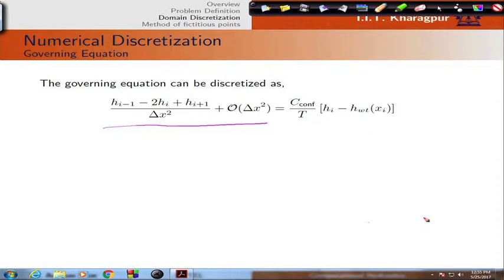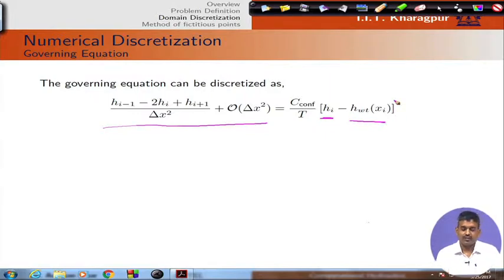On the right hand side, we have C conf by T, and this h is basically h evaluated at xi, this is the exact value, and HWT is a function of x, that is why this is again the exact value. So, overall accuracy of the governing equation is second order.